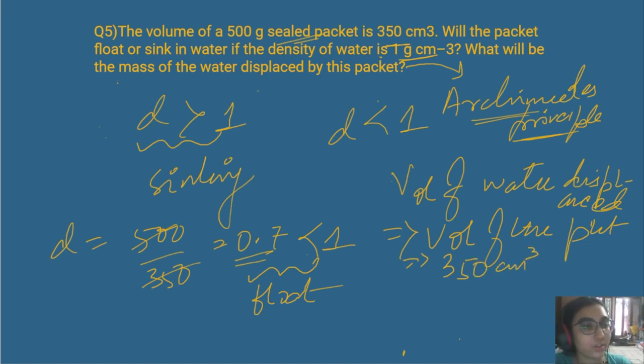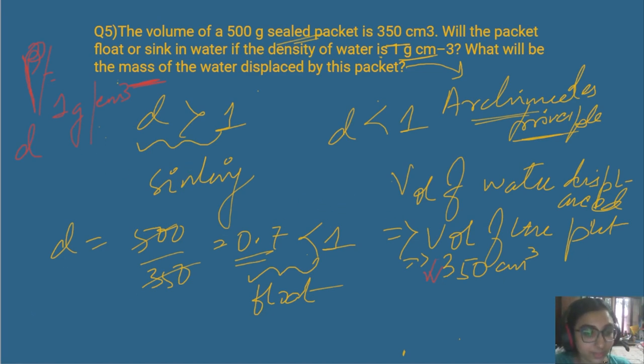But the question is not finding the volume, the question is finding the mass of the water displaced. So if we have the volume here, we know the density of water is 1 gram per centimeter cube, right? This is rho. Rho is another way in which we can write it as D, it's fine. Yeah, so we know the density, we know the volume.